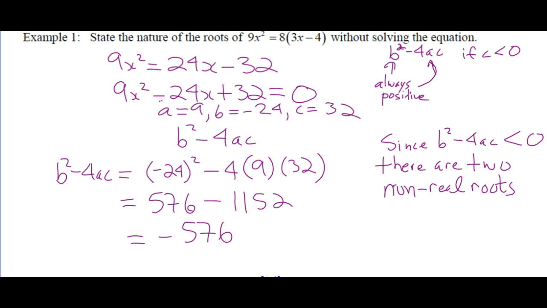So if c is less than 0, b squared, that's always positive. We have made a positive. So if c is less than 0, this is going to be plus, and you're going to be adding. You will always have two distinct real roots, right? b squared is always positive. We're going to make a positive.